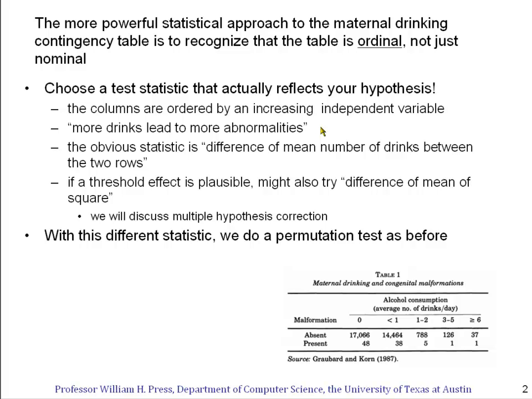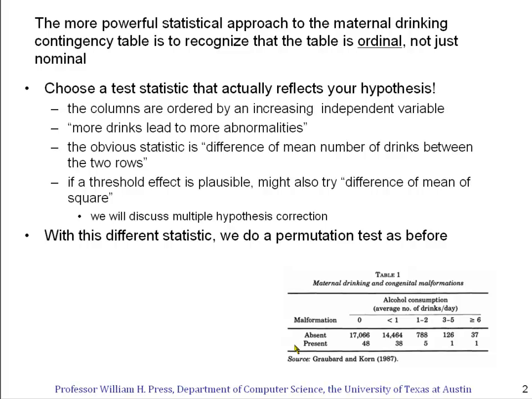That's what we hope to discover by disproving some null hypothesis. So the obvious statistic that takes advantage of the ordinal nature of the table is difference in mean number of drinks between the two rows. In other words, when malformation was absent, did the mothers drink less on average than when malformation was present?